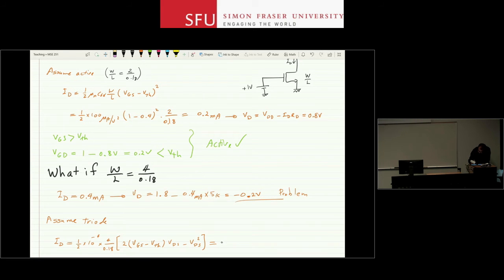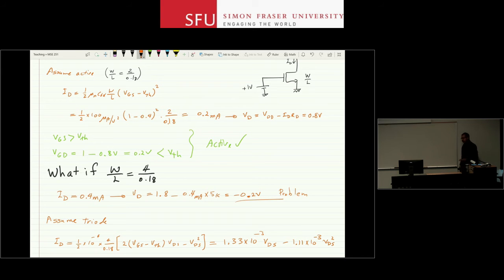It's 1.33 times 10 to the minus 3 VDS minus 1.11 times 10 to the minus 3 VDS squared.